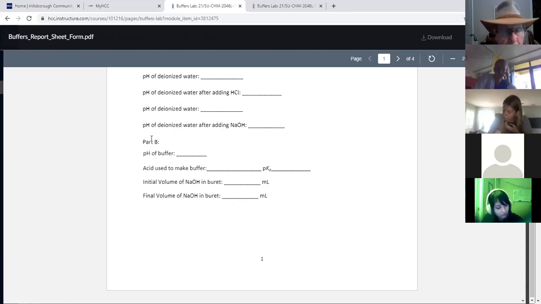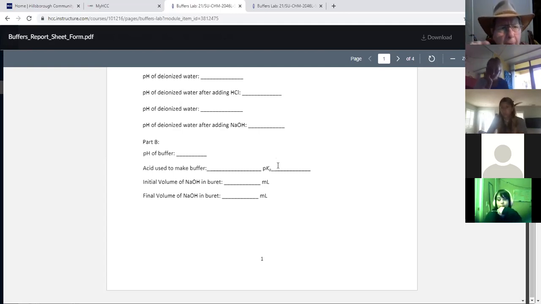Now, what you're going to be asked to do here is you're going to be told, I want a pH of a buffer. And you're going to be told the acid, which means you're going to have the Ka. The instructions tell you how much of the weak acid you're going to start with, the volume of the weak acid. You're going to use the Henderson-Hasselbalch equation, and I'm going to modify that equation slightly.